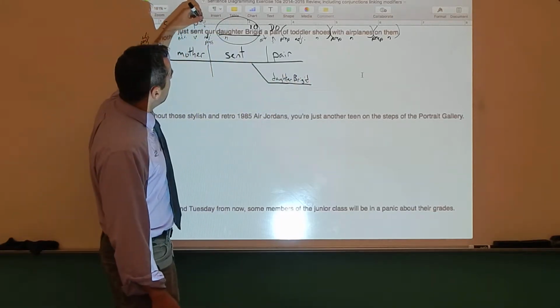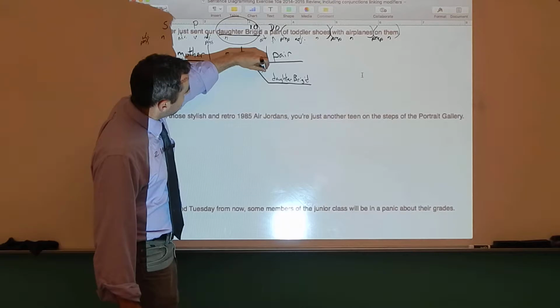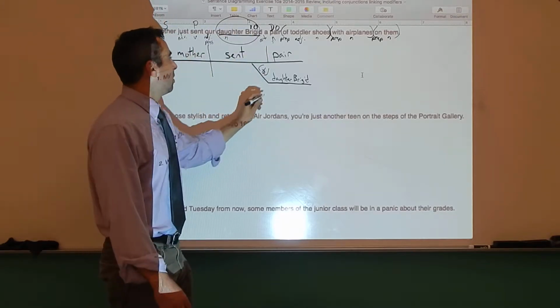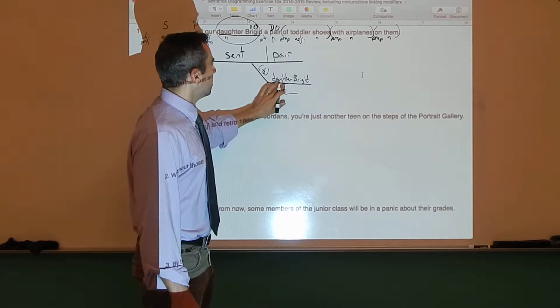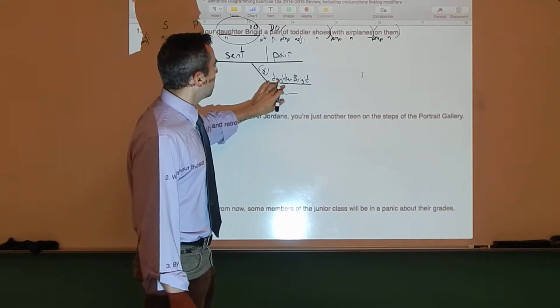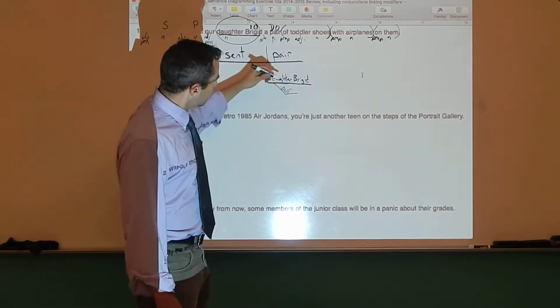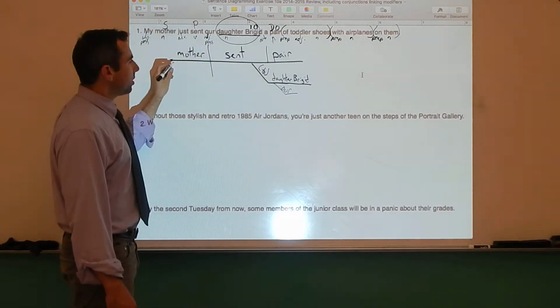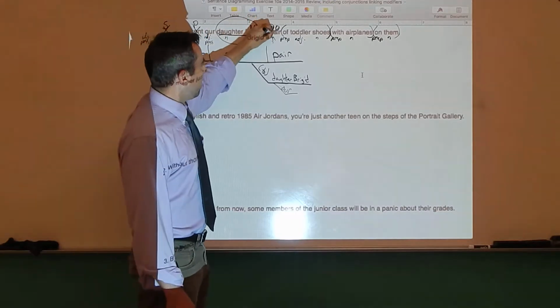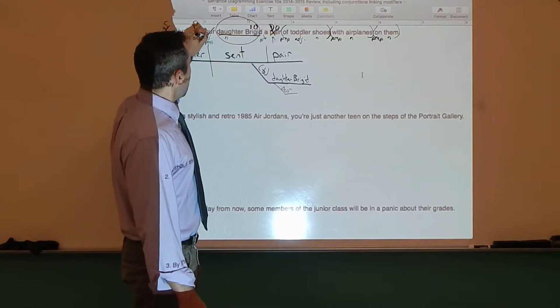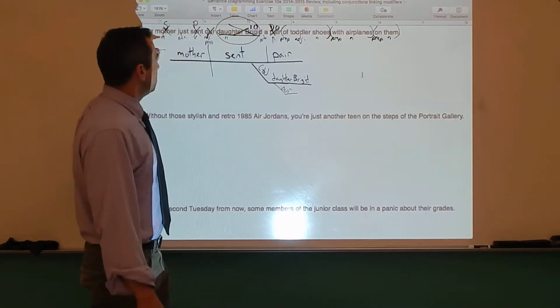There's no to in the sentence, so we're going to put it in parentheses. Our describes daughter Bridget. That's a possessive. Excuse me, I was about to write adjective there. The word is our. Whose mother are we talking now? Okay, so mother sent pair to our daughter Bridget.